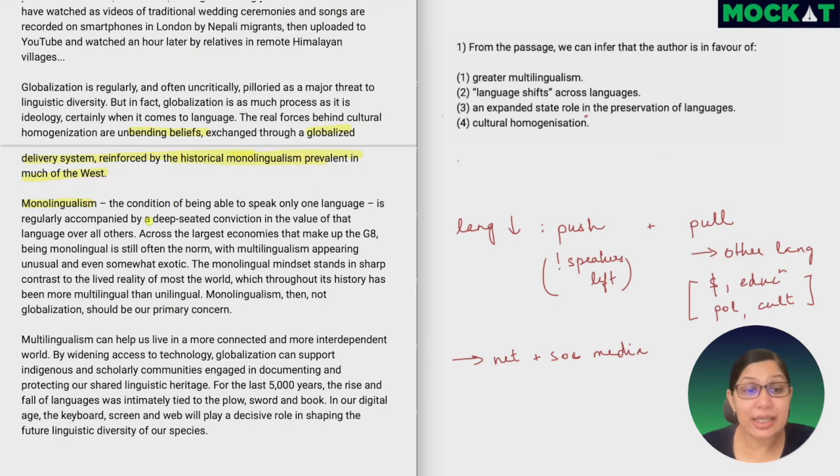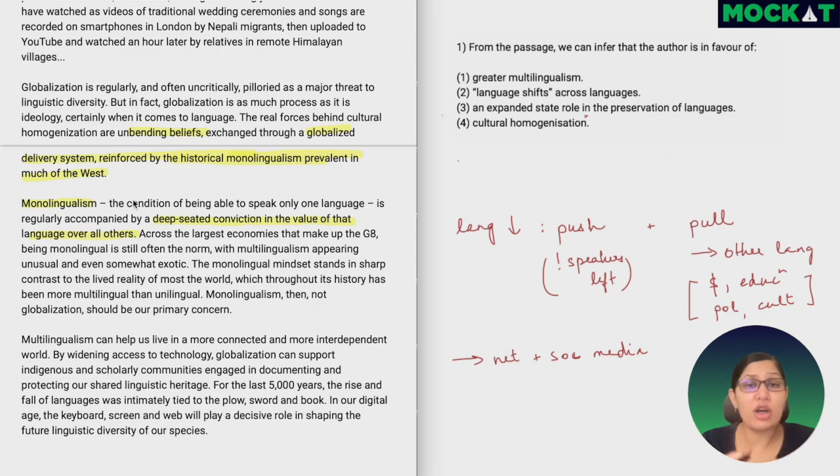Monolingualism is regularly accompanied by a deep-seated conviction in the value of that language above all others. Now, what monolingualism is, is also explained. If anybody speaks just one language, just English, for example, that's never going to be anyone in India. So say somebody in the US or Britain, if they speak only English, they also have this deep-seated conviction.